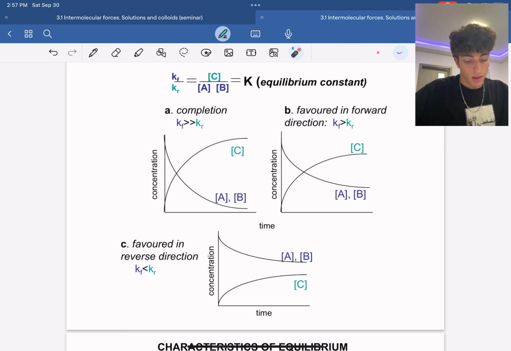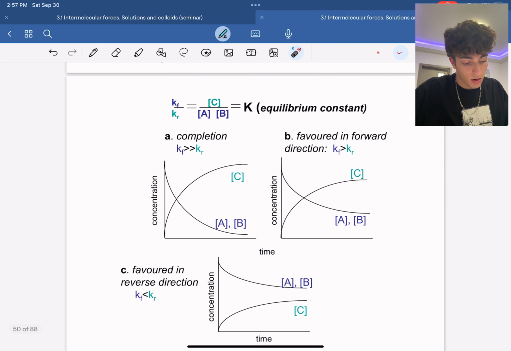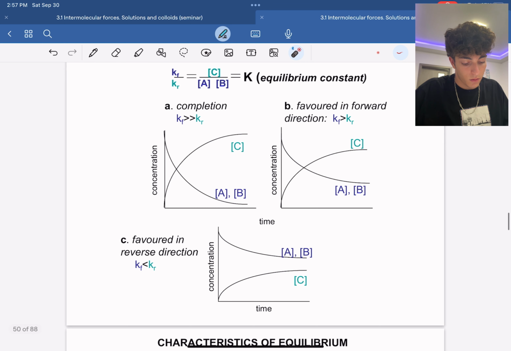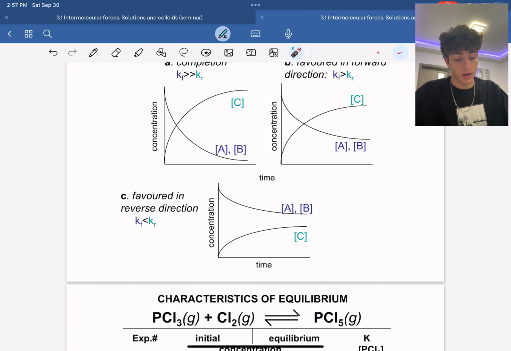Yeah, that's that. Now, if, for example, the concentration of the products is higher, it'll be favored in the direction of the forward reaction. This is the forward reaction, right? And this will be favored in the reverse reaction. Why do we say this?